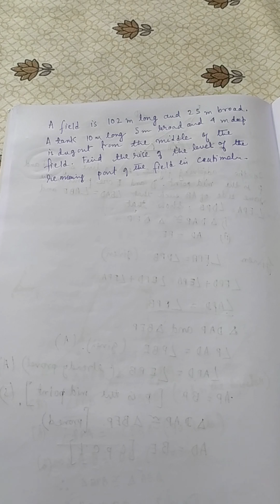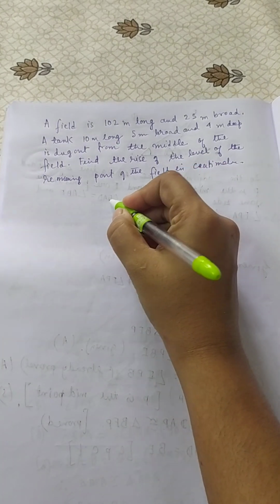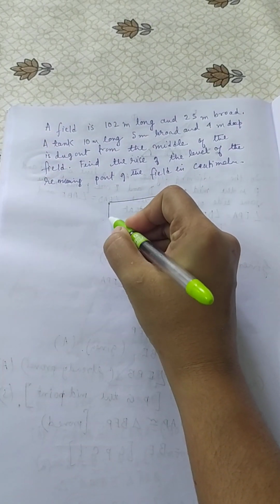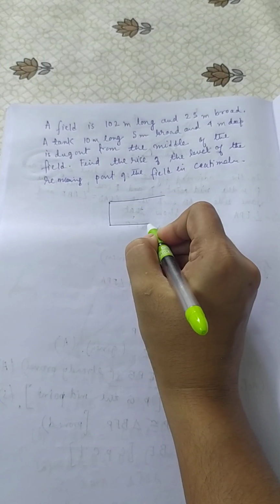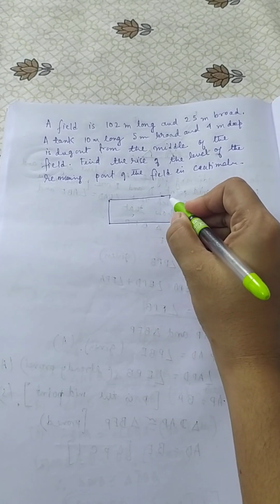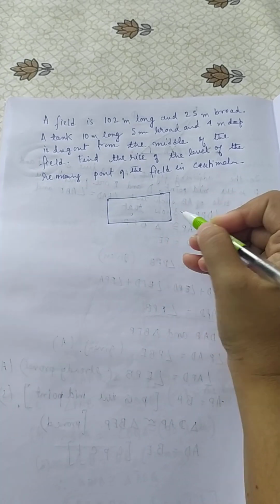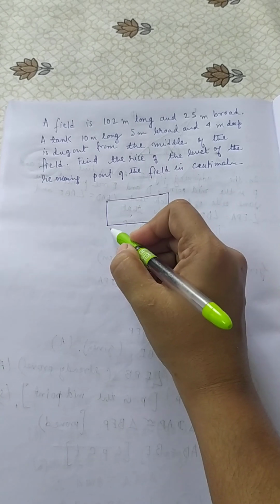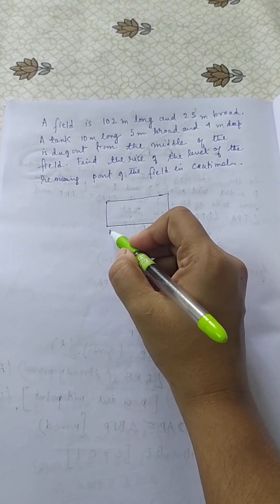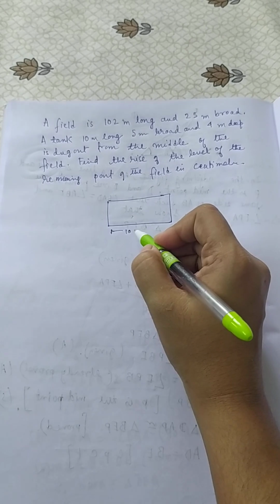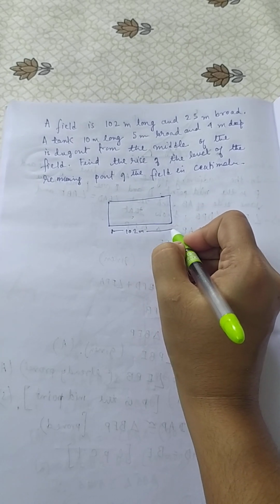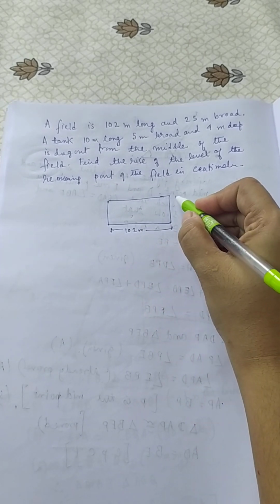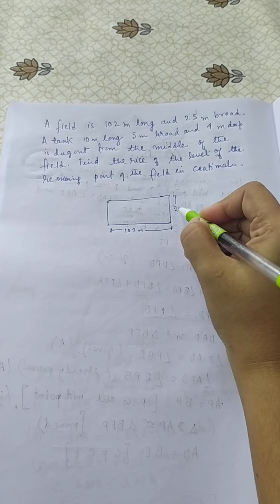So let us first of all draw. In every case of this kind of numericals, to make our calculation easy and to understand the question, we have to draw whenever it is possible for us. So what is given here? That a field is 102 meter long and 25 meter broad.